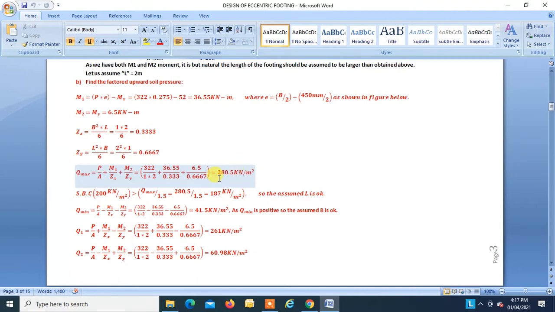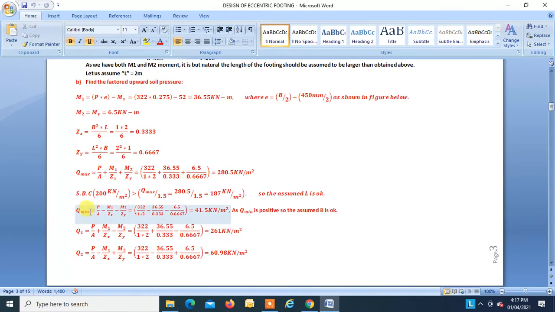Please remember this is the factored upward soil pressure. Now SBC 200 should be greater than qmax. So for getting the actual qmax, we divide this 280.5 by the factor 1.5, that is equal to 187, and 187 is less than 200, so our assumed L is okay.